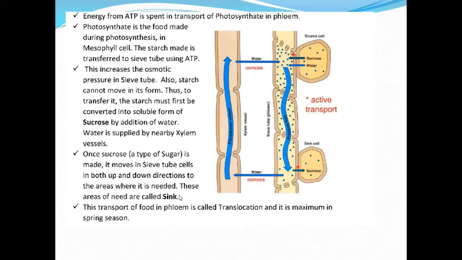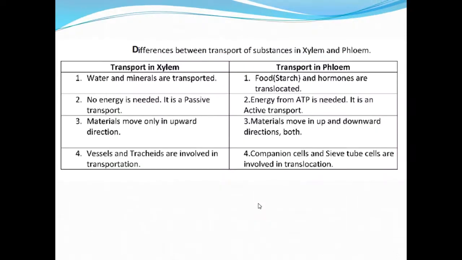Those deficit areas where the requirement is there are called the sink. So the transport of food in the phloem is called translocation, and it goes into those areas where there is a need, a requirement, a necessity, and it is maximum during the spring season.